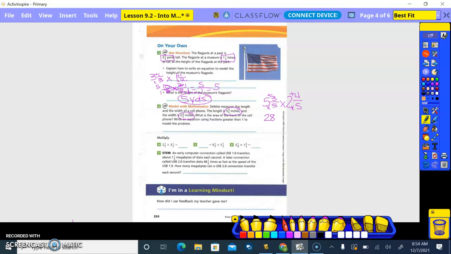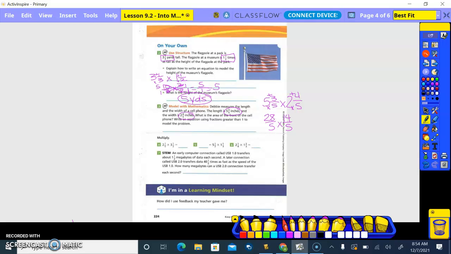So 28 times, work around the clock, starting at the bottom. 5 times 2 is 10, plus 4 is 14. So 14 fifths. Okay, now can I simplify that before I start? No. So my number is going to get pretty big, right?